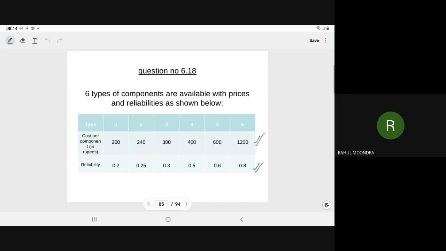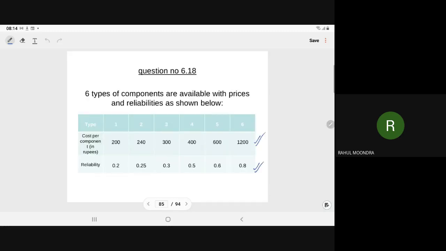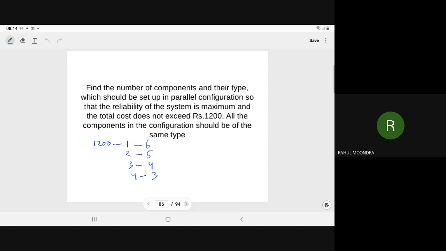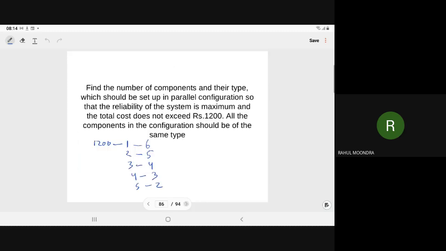If the unit price for component 4 is 400, only 3 components you can purchase. And if the unit price of type 5 is 600, only 2 components you can purchase. And for the sixth type, if the unit price is 1200, in 1200 you can purchase only 1.